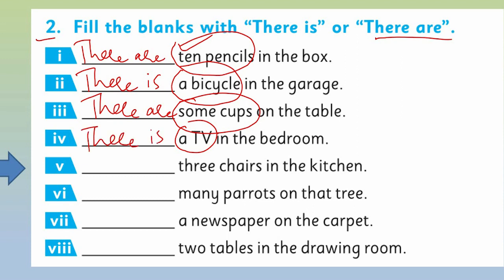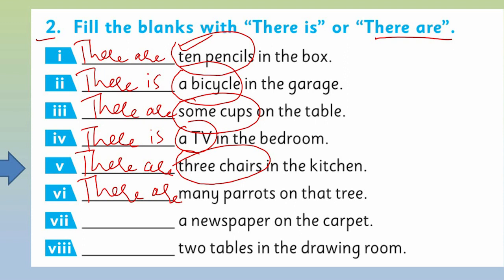Look at the fifth one. 3 chairs in the kitchen. Yes, 3 is a specific number, 3 items here. So we will choose there are. Look at the sixth one. Many parrots on that tree. Yes, we are talking about many parrots, more than one. So we will choose there are.